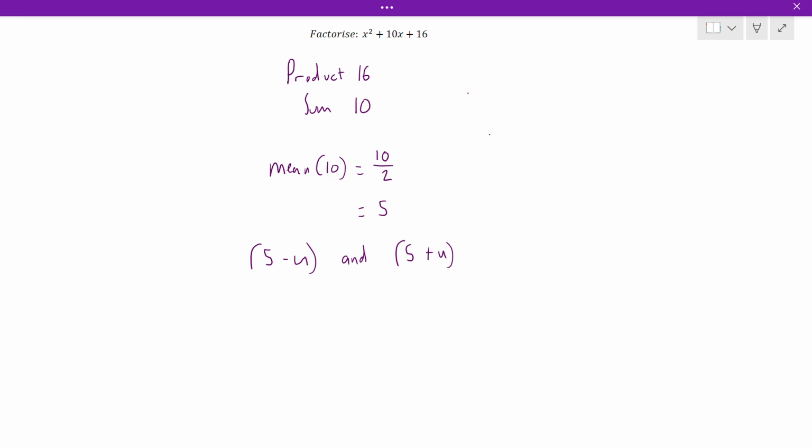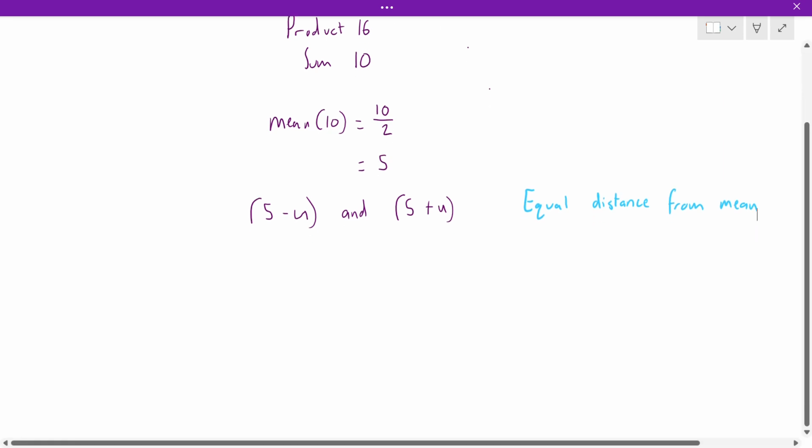I'll write this in a different color. This is a mathematical expression for being equal distance from our mean.